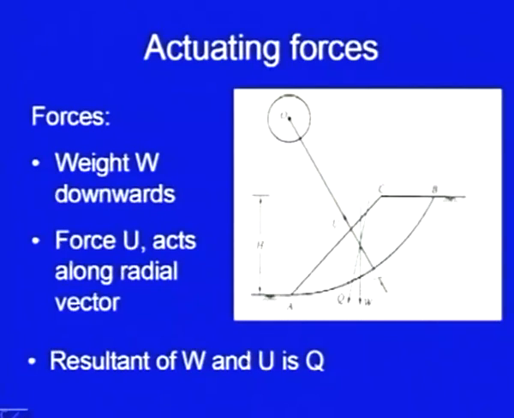It has to act normal to the surface, so necessarily this vector U will be passing through the center of the trial circle. So, force U acts along the radial vector. We have to find out these two forces from the geometry as well as from the flow conditions, and then let us say the resultant of W and U is Q. So, W is acting in the downward direction, U is acting in the radial direction, and here it is the resultant Q.